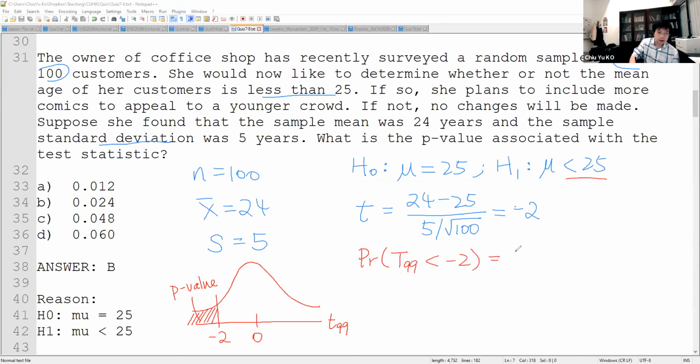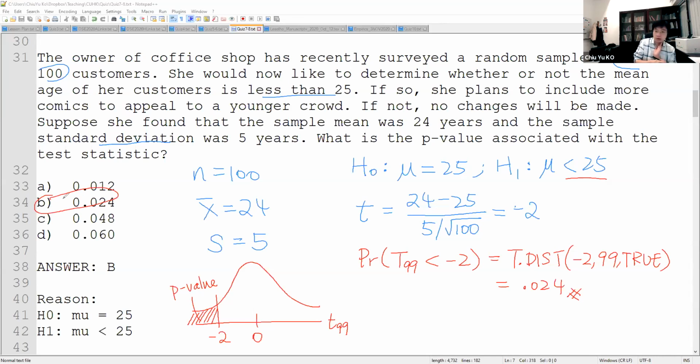We use t.dist, because left hand side, -2, degrees of freedom 99, and true. That should give you 0.024. So the answer is B.